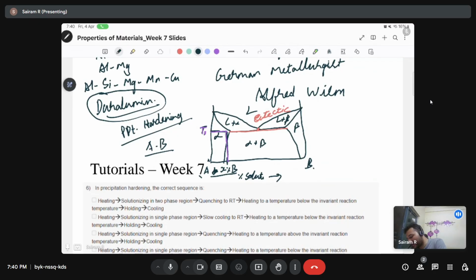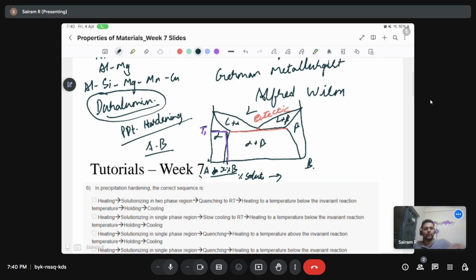See, anywhere in the single phase region represented by this alpha, if we treat a sample anywhere in this region, it is going to homogenize in the single phase region into a complete alpha.